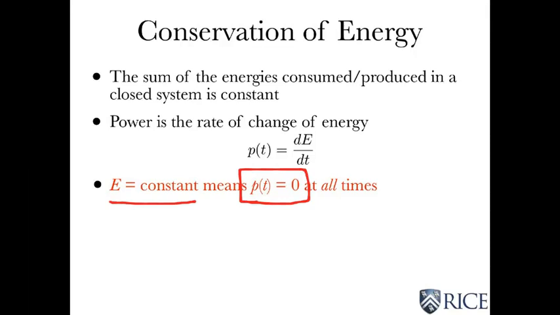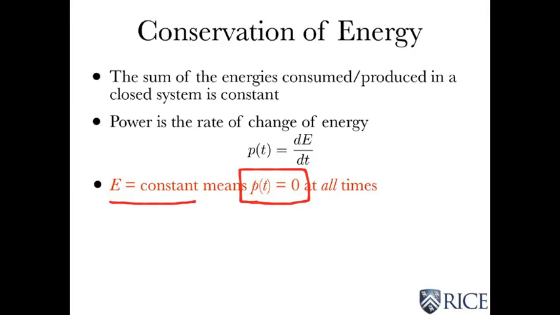Inside that closed system, there could be parts of it that are producing power, but other parts have to consume that power. So we should look in circuits, and what I'm going to show a little bit later is that this law is obeyed by circuits. Whatever is producing the power is also consuming it somewhere else. That's just the way things have to be.